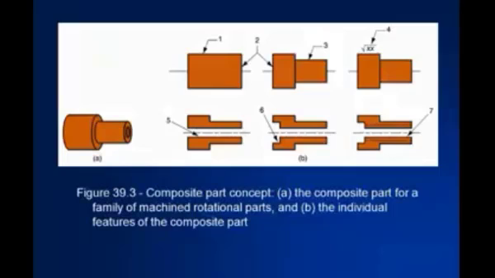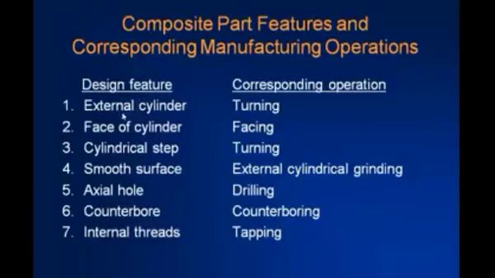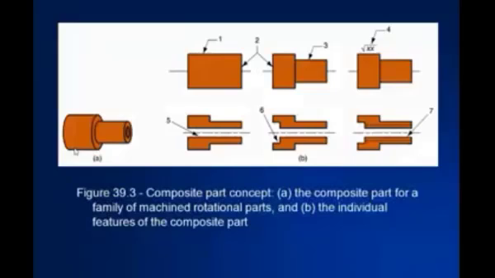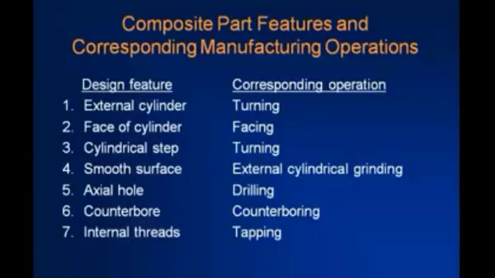So this is the composite part concept. A is the composite part of a family of machined rotational parts, and B is the individual features of that composite part. So in figure B, at 1, you can see that there is a cylinder, and in this cylinder the design feature is the external cylinder, and the corresponding operation is turning. In 2, there is a facing operation going on this face of the cylinder.